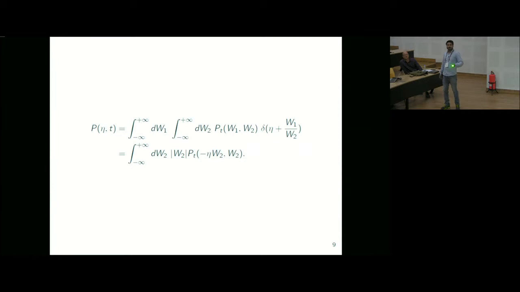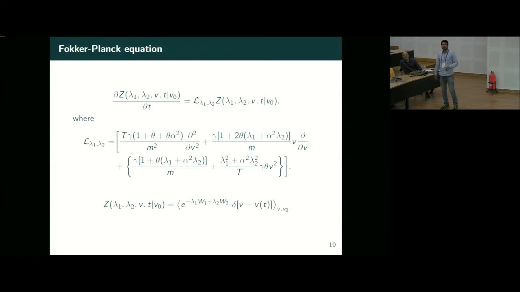So first I have to calculate this joint distribution. How to calculate it? First we write a Fokker-Planck equation for the joint distribution, and I take the Fourier transform of the joint distribution, which gives me the characteristic function. This characteristic function is defined here, and there is a Fokker-Planck operator.